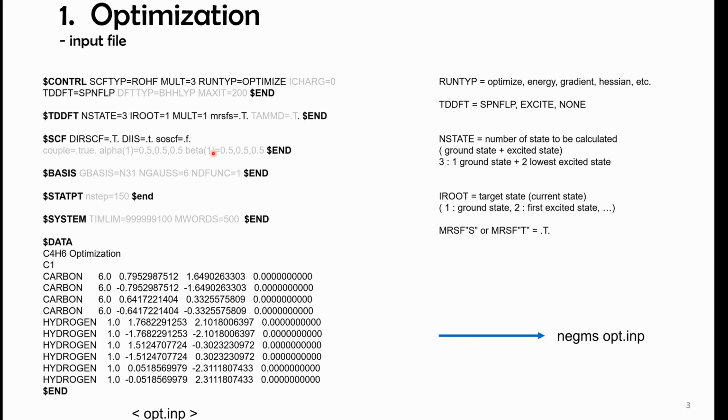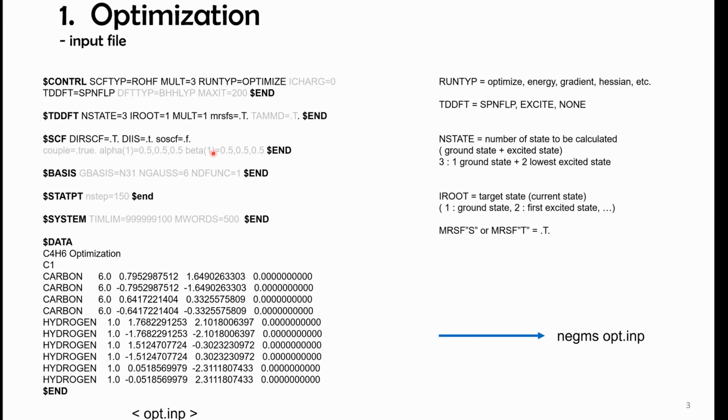But for the TD-DFT, they use a different ROHF choice. I found that's one of the major reasons why the convergence has a problem. So the only way to get it the same way is this.